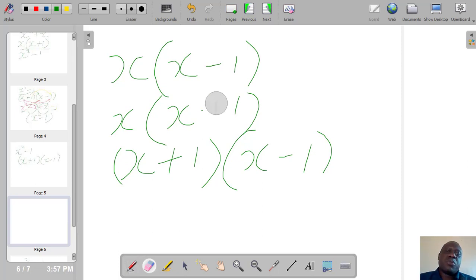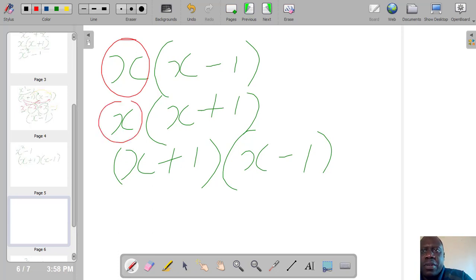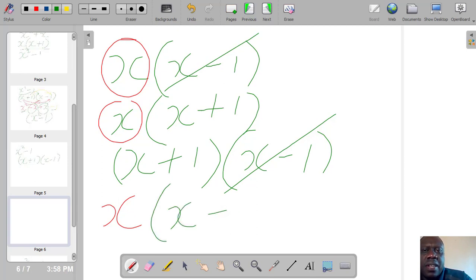So to be able to come out with the final answer to the least common multiple, the LCM of the three, you're going to find out what is common. For instance, you're going to realize x is there, x is here, so you write x. And then you realize that x minus 1 is common there, and x minus 1 is also available there. So you write into bracket x minus 1. And then you also notice that you have an x plus 1 here and an x plus 1 here.